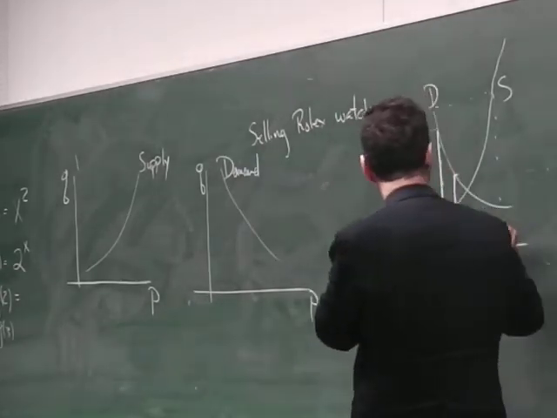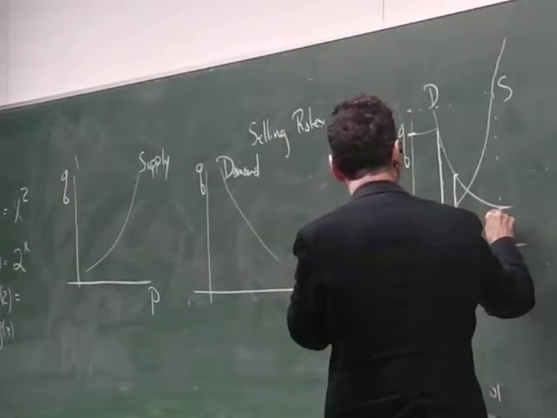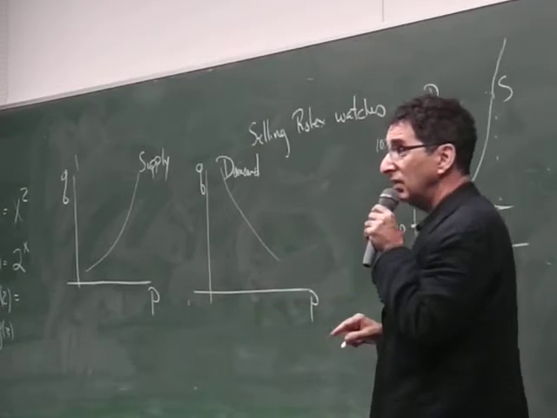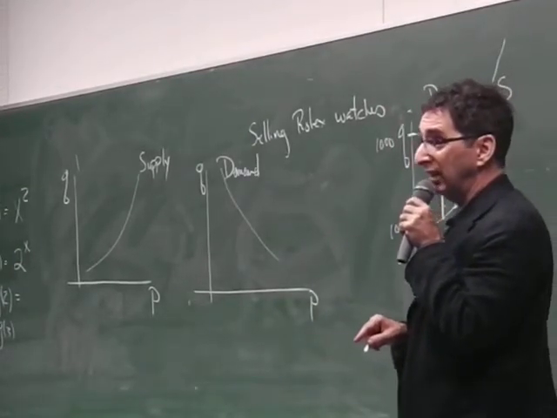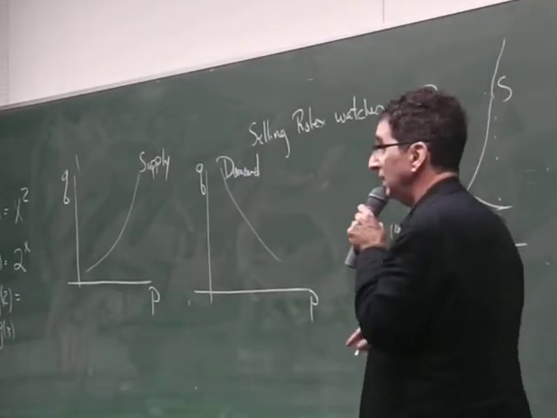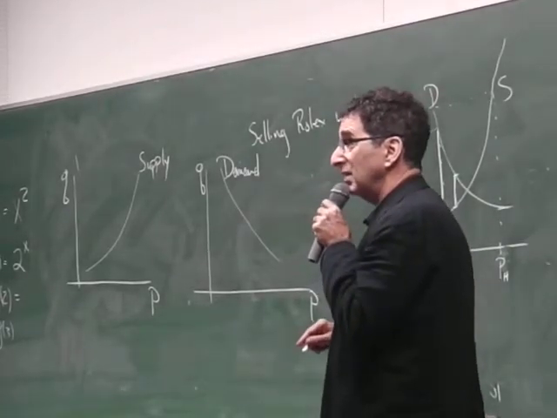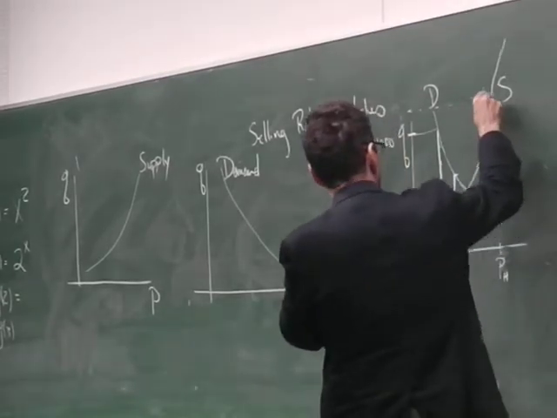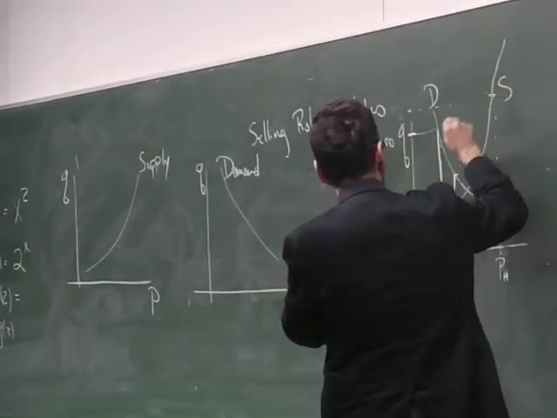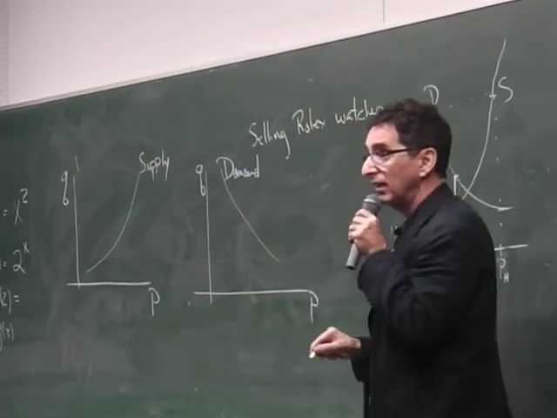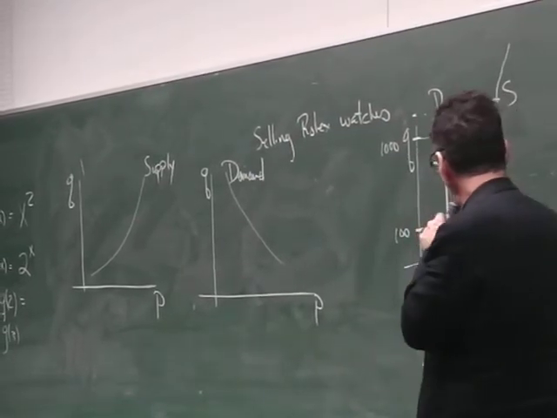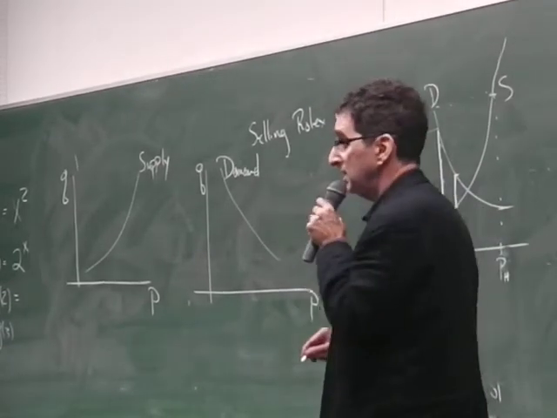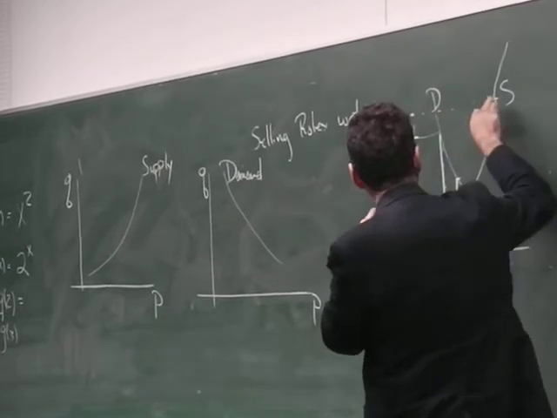Then what's the situation? Let's say that was 100. The price is so high that only a few people want it, so there's a demand of only 100. On the other hand, because the price is really high, a lot of sellers are willing to sell, so the supply might be like 1,100, right? So is there excess demand or is there excess supply?